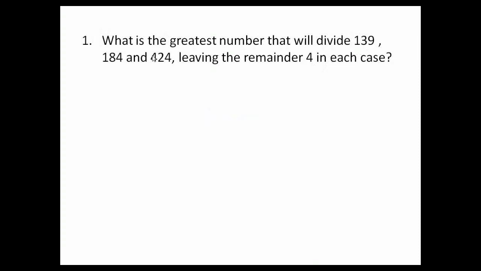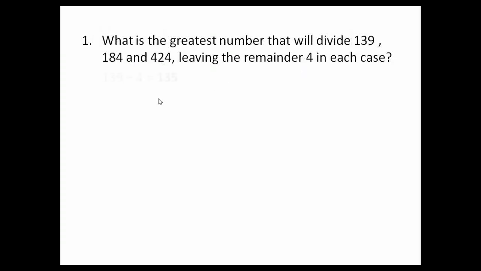So if I find the HCF of these numbers, it means there will be no remainder left. So I have to reduce these numbers by 4 so that I can find the highest common factor of the number reduced by 4. So when I try to divide these numbers, there will be a remainder 4.